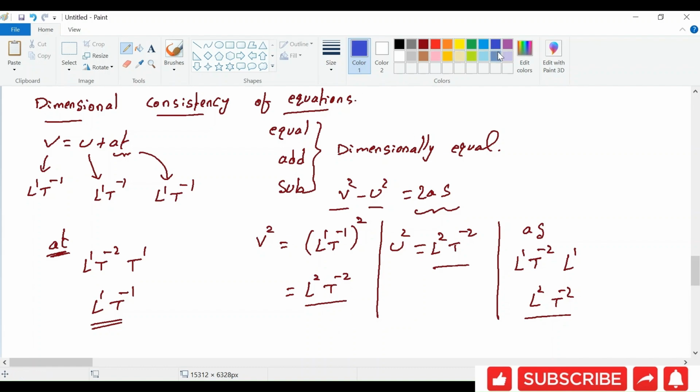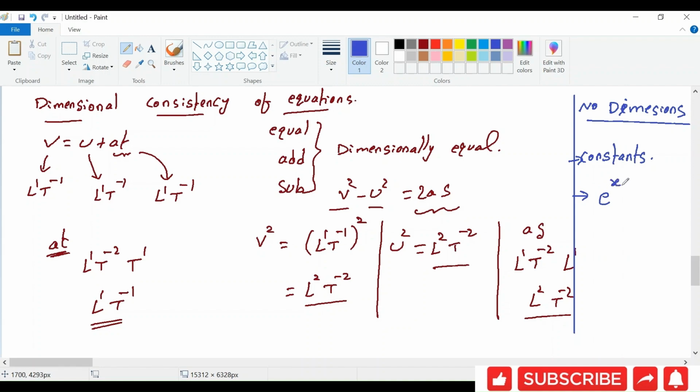Now, a few important things you need to remember: some quantities are dimensionless, they don't have dimensions. First one, constants. All the constants are dimensionless. Second, anything in e to the power of something, like e power k, e power whatever, that power is dimensionless.